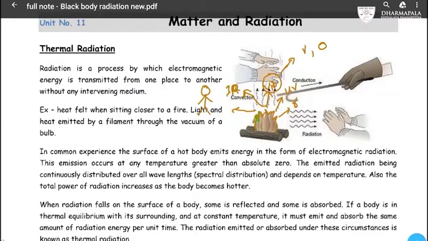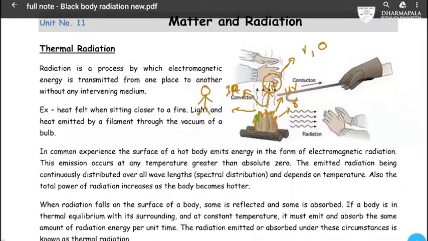Normally, we feel IR as heat waves. Therefore, the two regions that humans can sense are IR and visible. Visible, of course, we can see. IR, we can feel as heat waves.